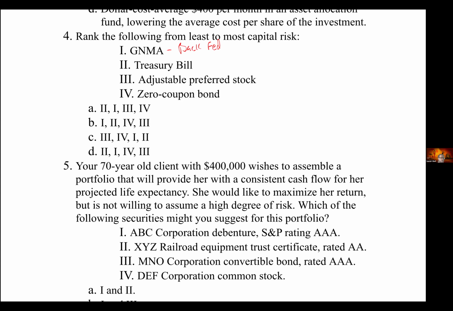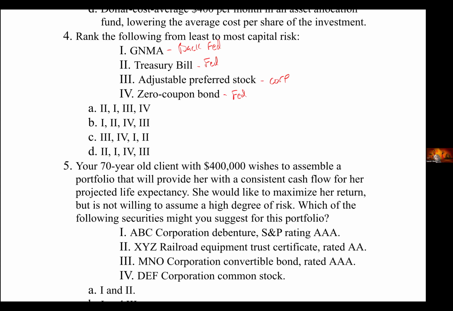It's backed by the federal government. It's not a federal security, but it's the one debt security that is backed by the federal government. Just only one. Treasury, that is federal. Preferred stock, that's corporate, and zero coupon bond is also federal.